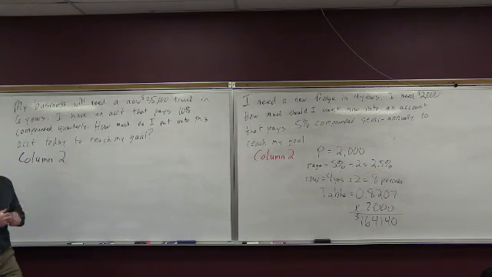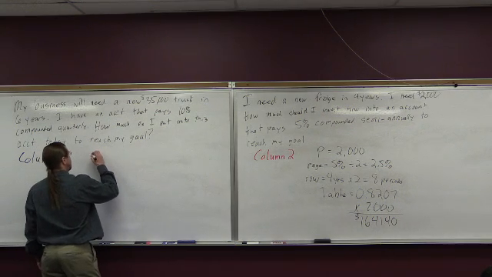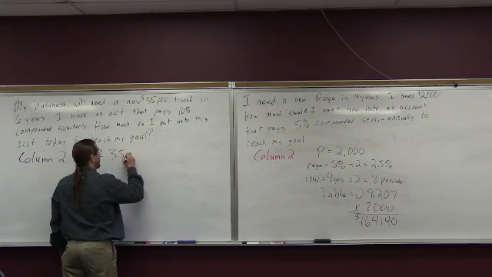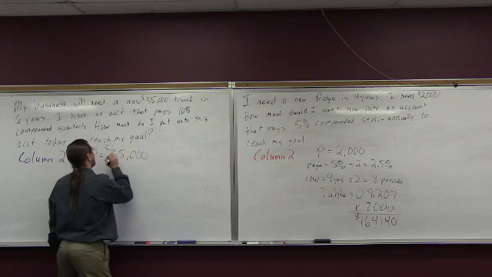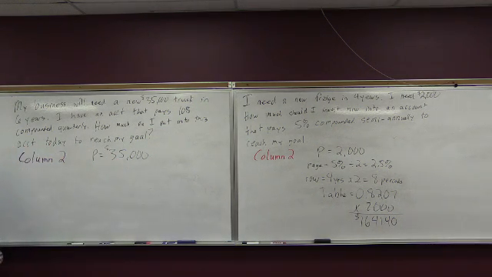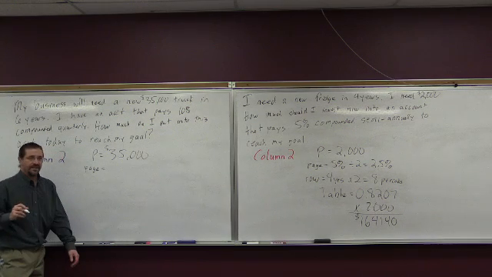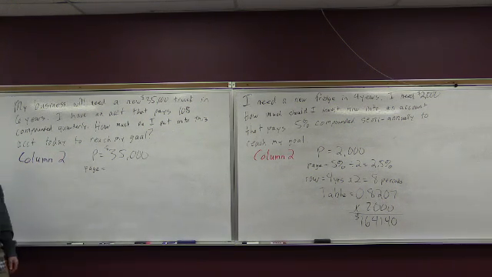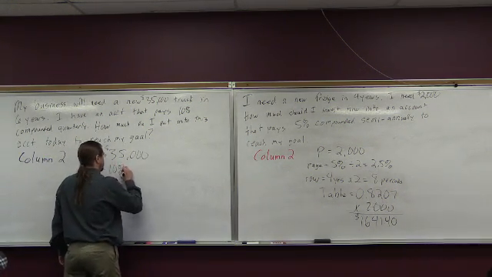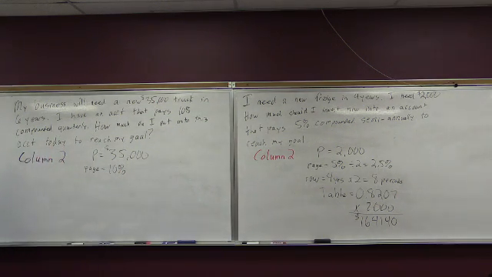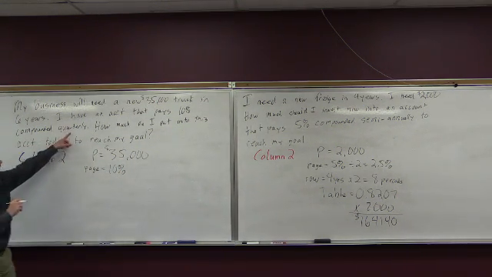What's P in this problem? How much money I need, P in this case, is $35,000. What page am I going to go to? And why is it 2.5? It's a 10% interest per quarter.